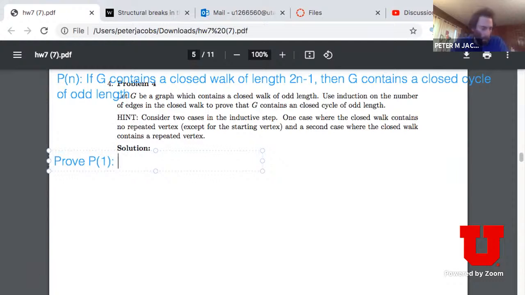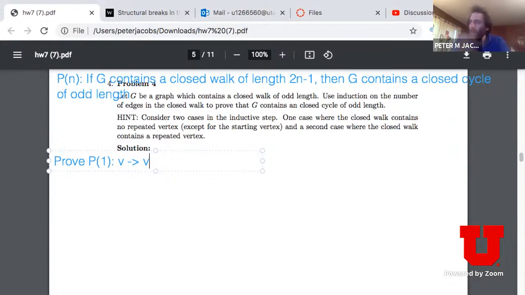Okay. So G is a graph and it has a closed walk of length 1. First of all, it's closed, so the start and end point of the walk are the same. So there's an edge that connects v to v, and that's the walk. Because it has one edge and it's closed, it starts and ends with the same vertex.